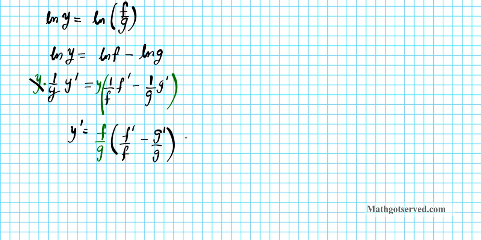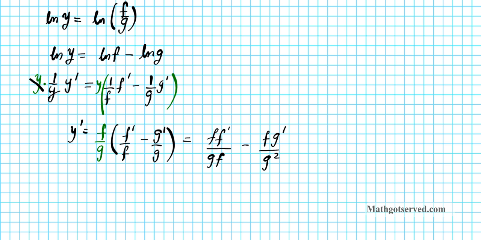If I distribute that, I'm going to get f times f prime over gf, minus f times g prime over g squared.